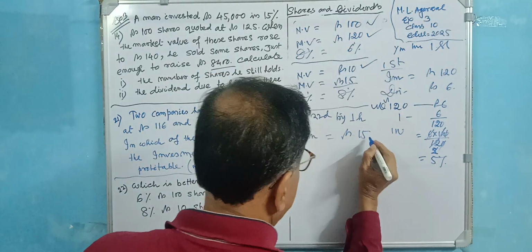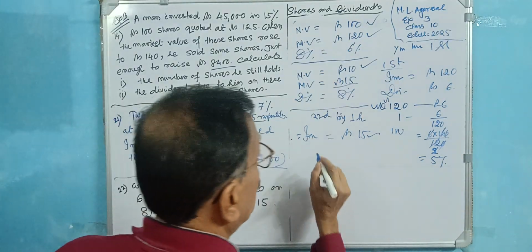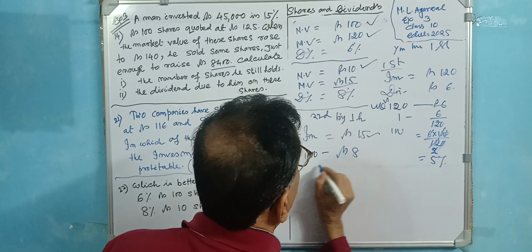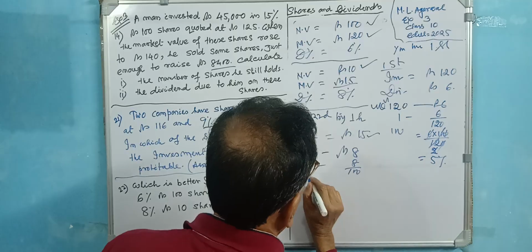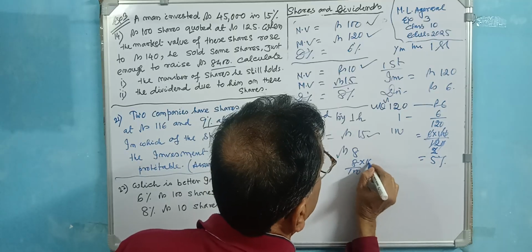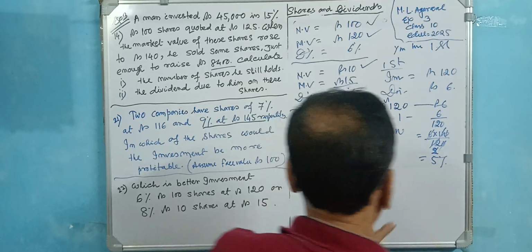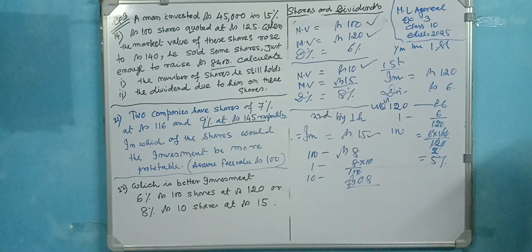But in this case, you invest rupees 10 in a company. So when 100 is invested, you get rupees 8. For 1 you get 8 by 100. When you invest 10, you get 0.8 rupees. That is actually your income as a dividend for one share.